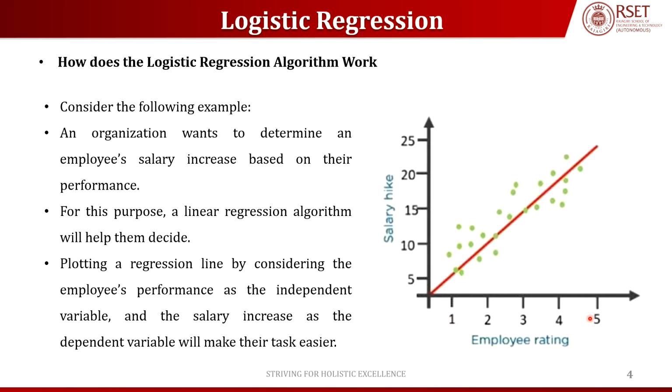The employee rating is given on the x-axis, and the hike in salary is given on the y-axis. Suppose the employee rating is 1, we can draw a dotted line to this line and check that there will be a 5% salary hike. If it is 2, it is approximately a 10% salary hike, like that.